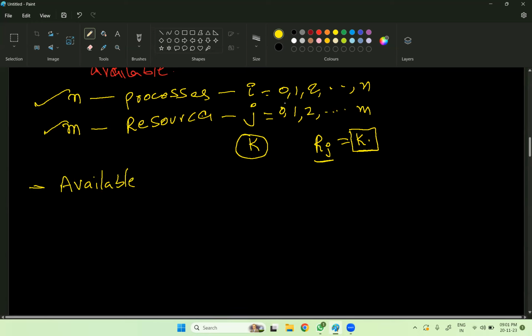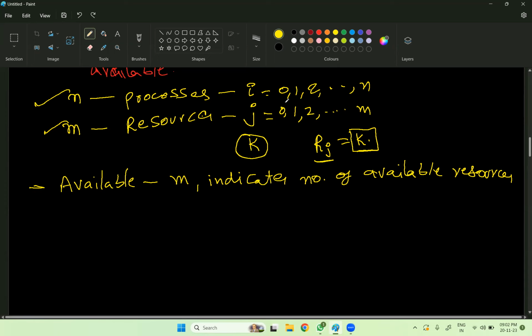Available is a single dimensional array having length m, which indicates the number of available resources of each type.